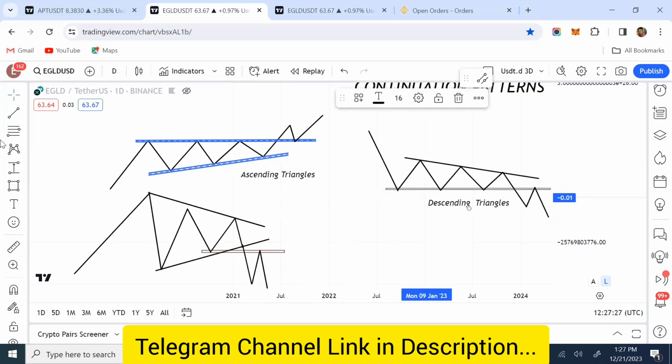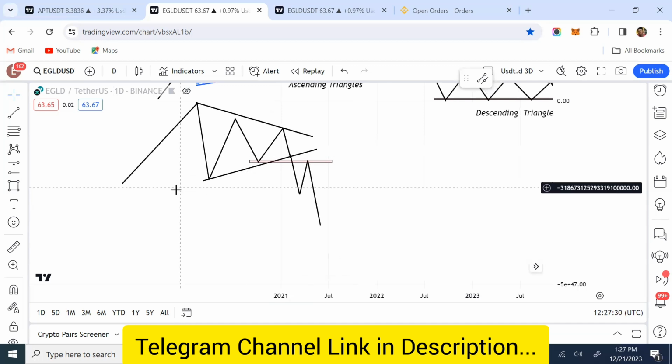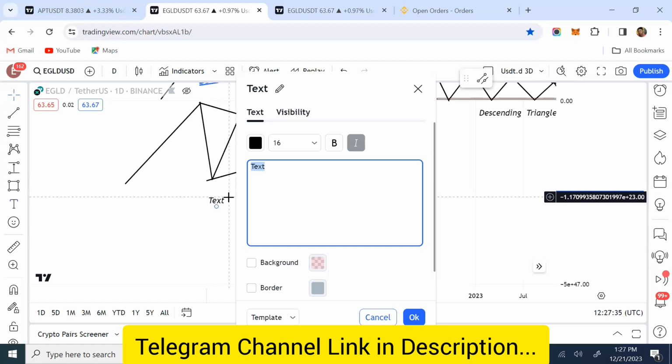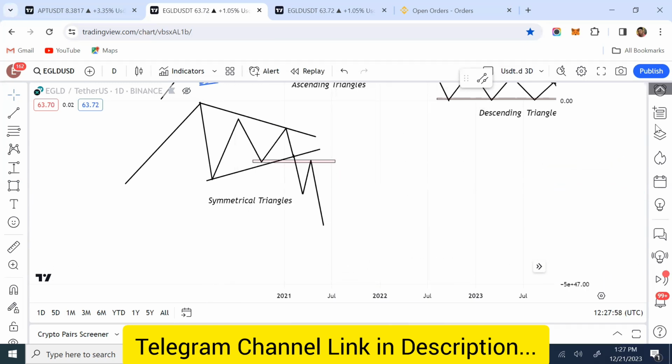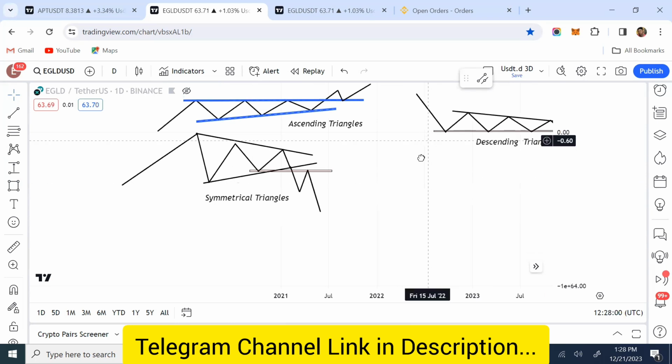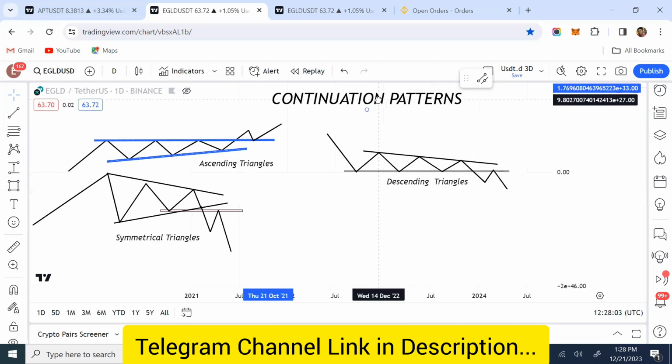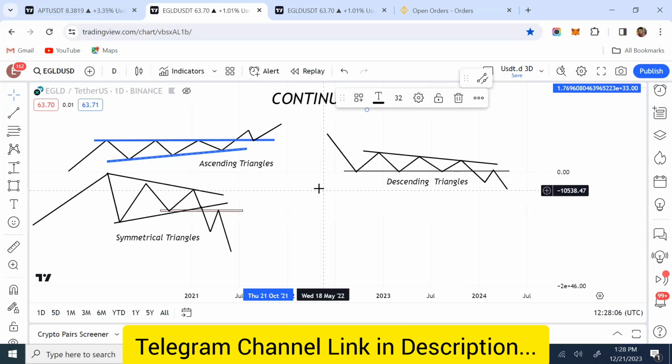And then we've now talked about symmetrical. What about symmetrical triangles? Now, these are what they look like. We're going to actually see them on our charts as we proceed.